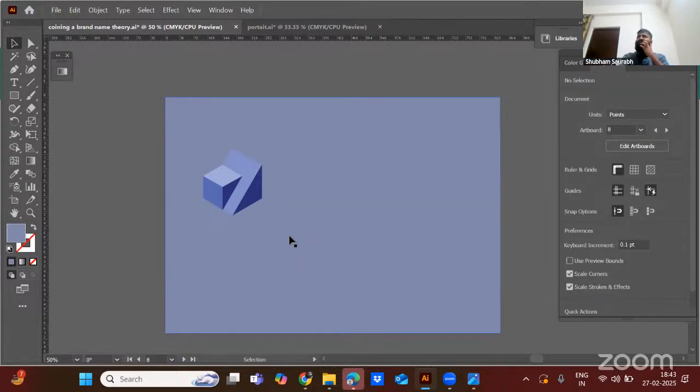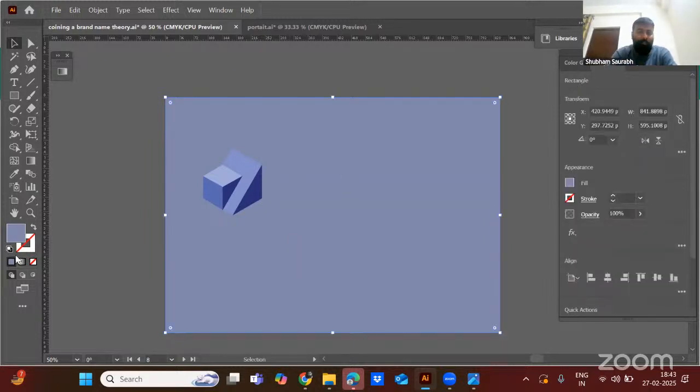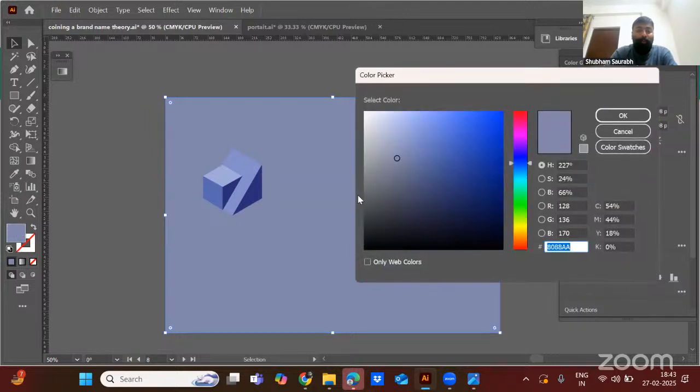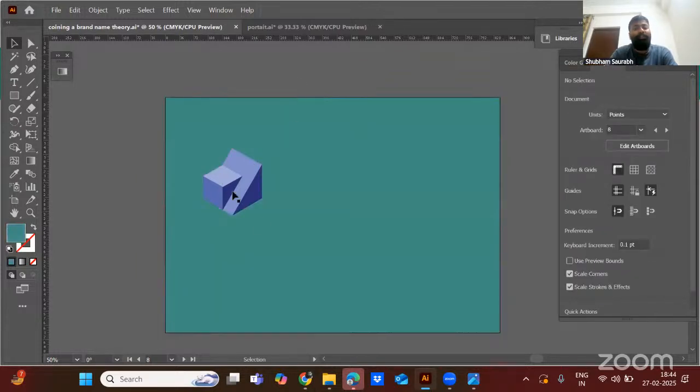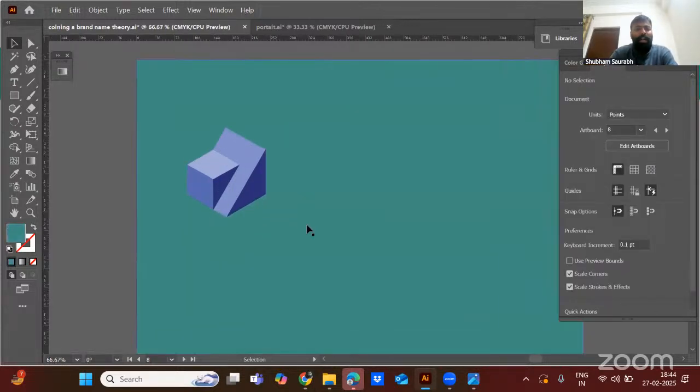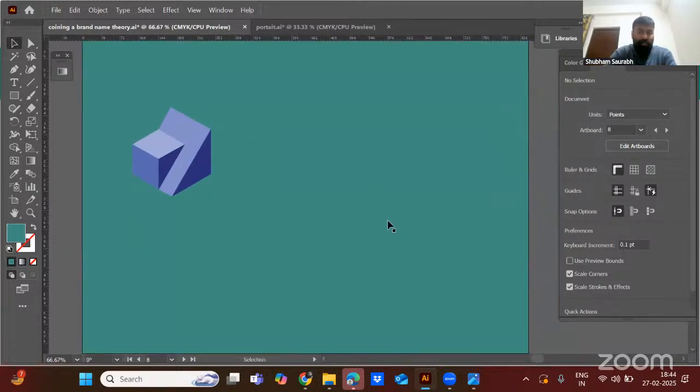So then it becomes what is called monochromatic. Monochromatic means that we are using one color only, the different tints and shades of one color. If we use not exactly the same color, but a little bit similar, like a little greenish, which is not very different, this is called analogous, something in a similar zone.